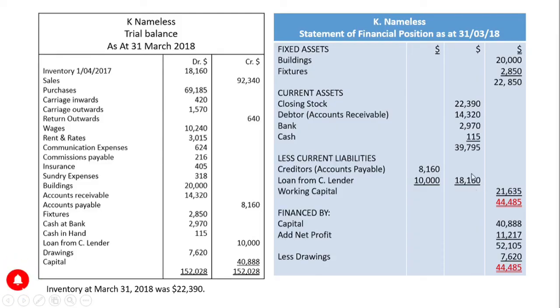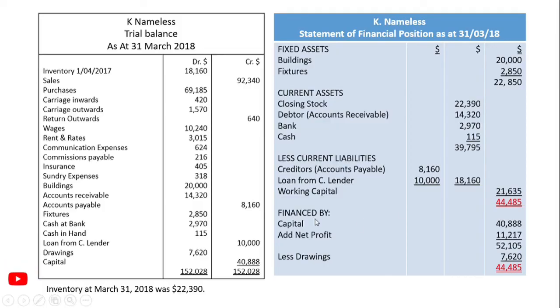Now we subtract this amount, 18,160, from the 39,795 to get the working capital, which is 21,635. Now we add our working capital to our total fixed assets, and we get the total net fixed assets figure, which is 44,485. Sometimes I like to call it the first double line figure.